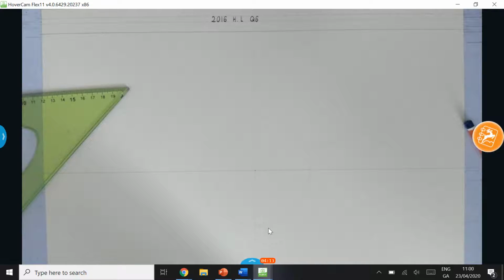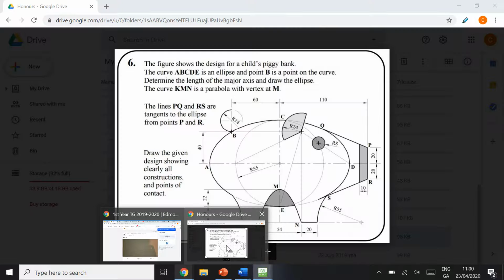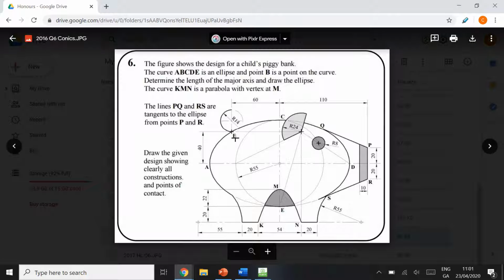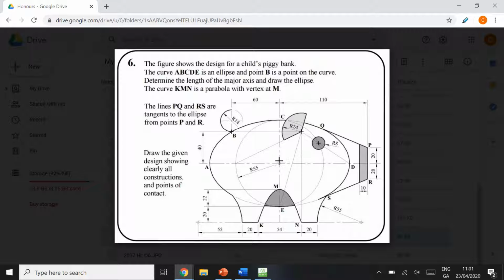And we also know where this point B is. So we have to find that point B. So from the center point, we're going to go across 60, because it's given here, and we're going to go up 40, because it's given here.